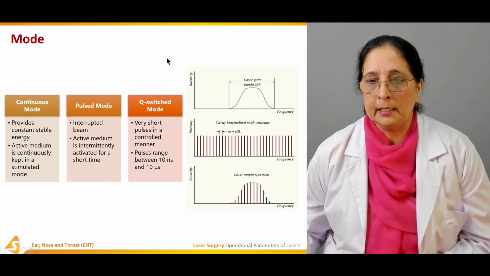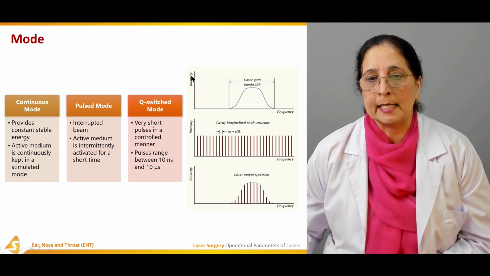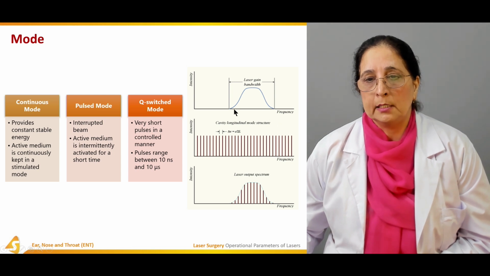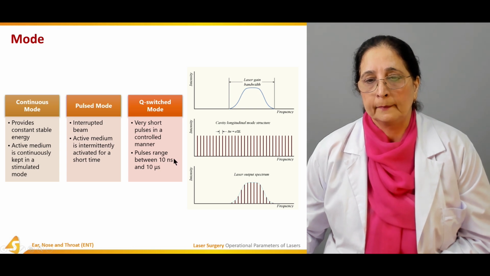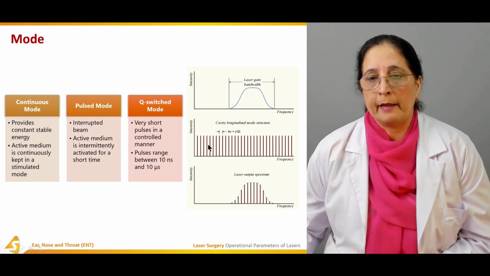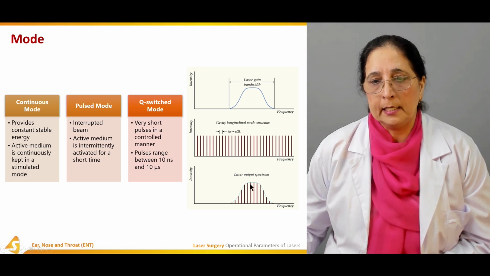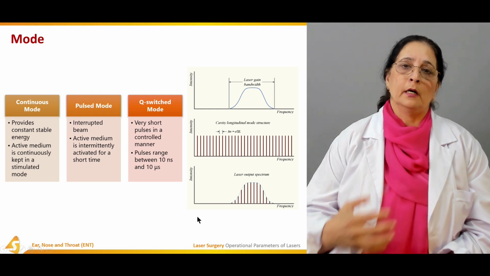In these three diagrams you can see the frequency and intensity of the beam. This one is with the laser gain bandwidth, this is the cavity longitudinal mode structure, and this is the laser output spectrum. So three modes are used.